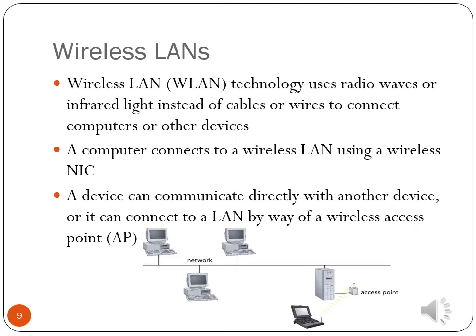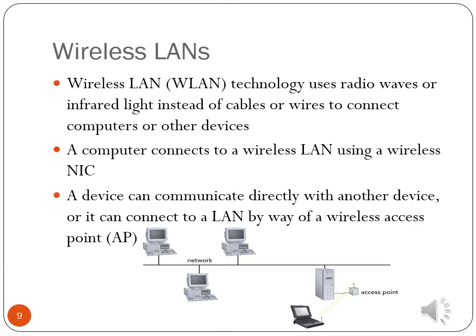But again, the computer has the wireless card in it, and the network has a wireless access point, and the computer, using radio waves, connects to the access point, and now it's on the local area network. So it works pretty much the same, except you're eliminating the wire between the network and the computer.